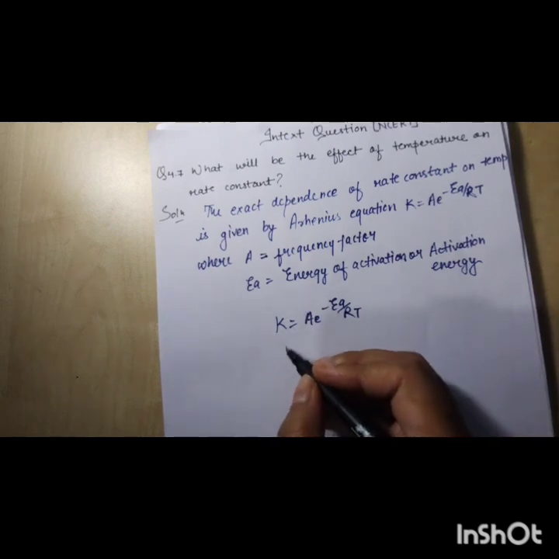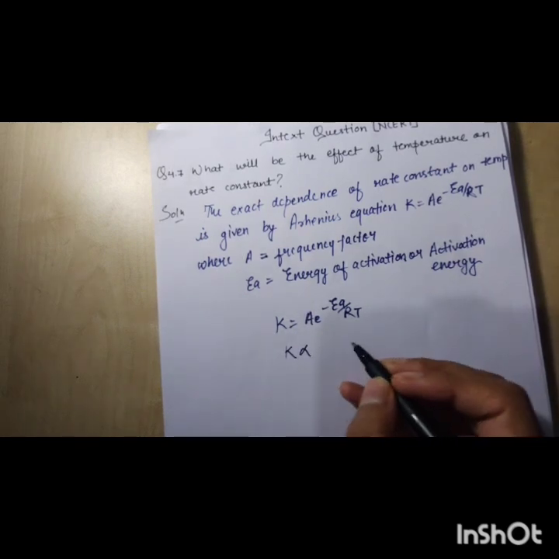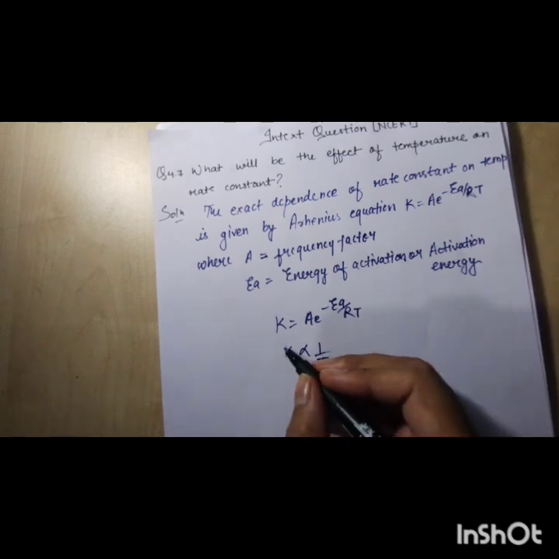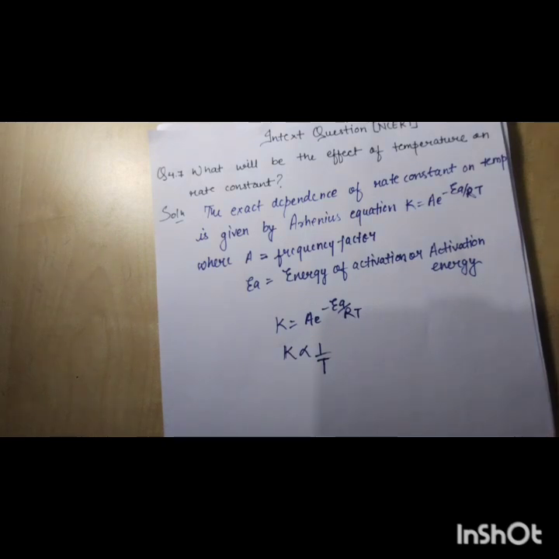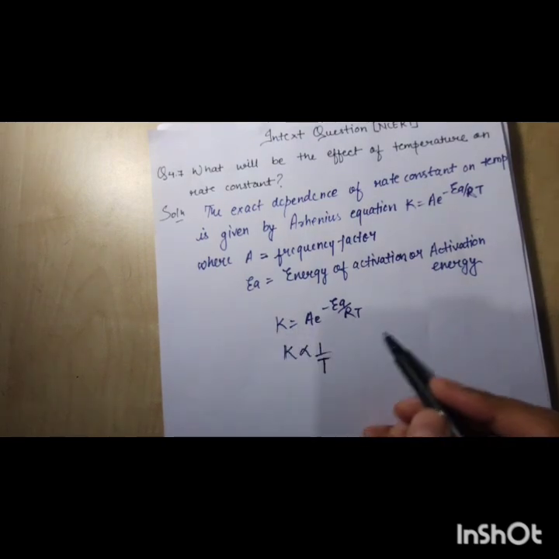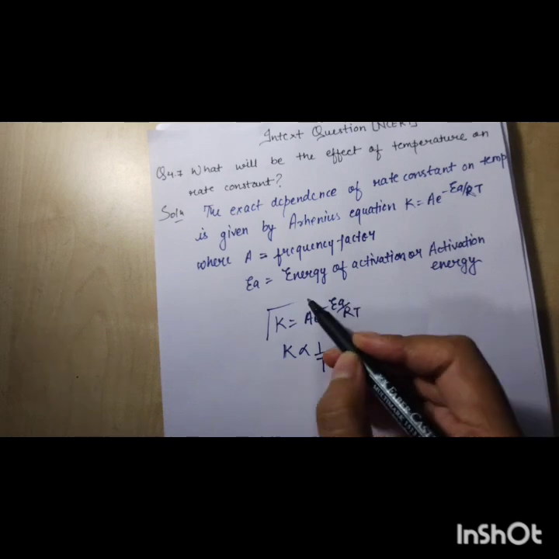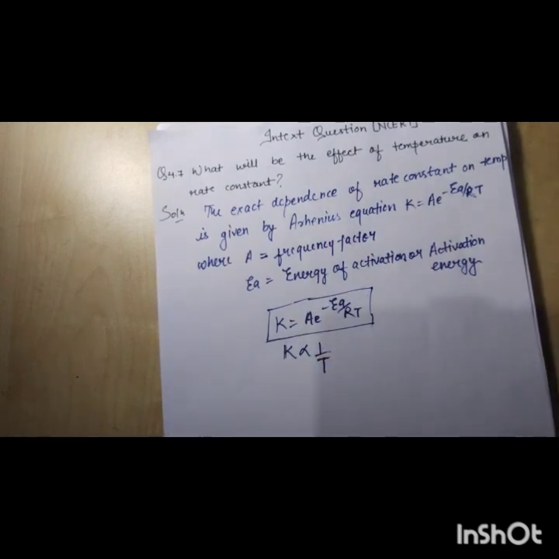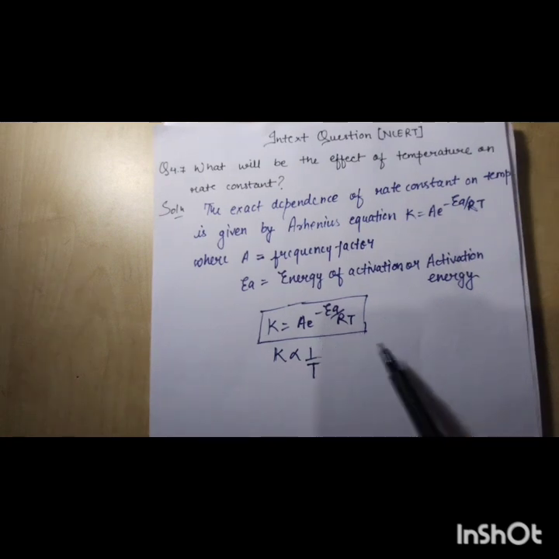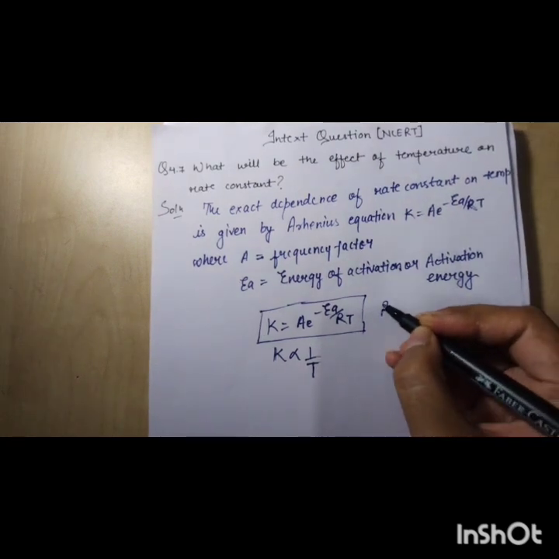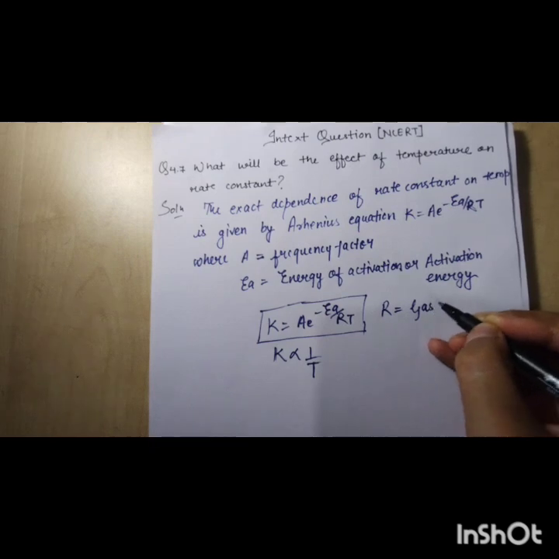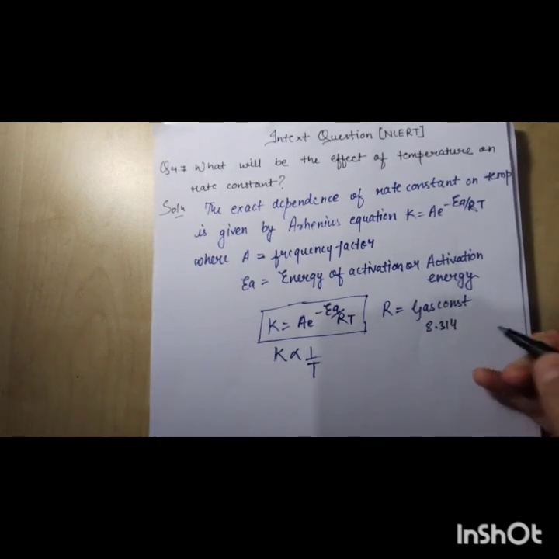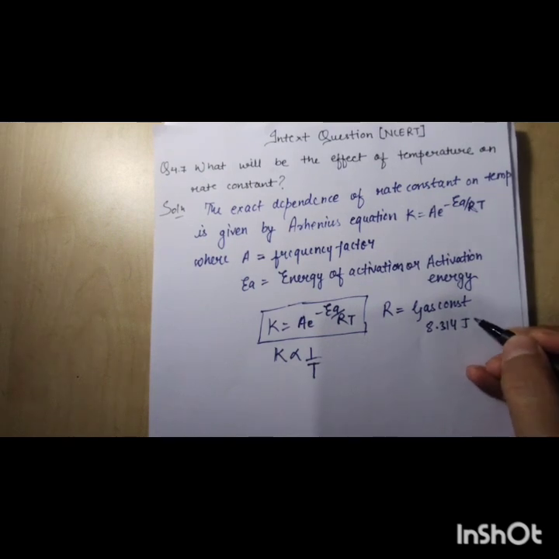That is, K is related to temperature through the term 1 by T. So this is the relation between rate constant and temperature in the Arrhenius equation. That is very important from the examination point of view. And R is the gas constant, that is 8.314 joule per Kelvin.